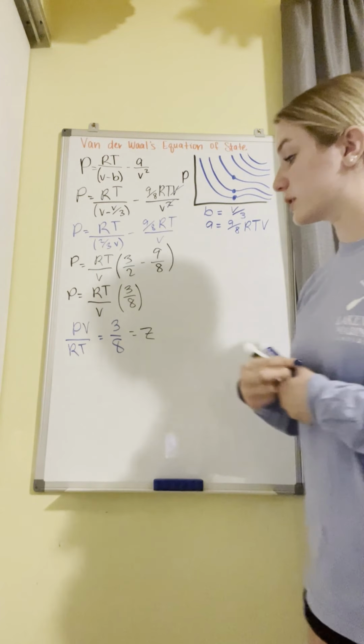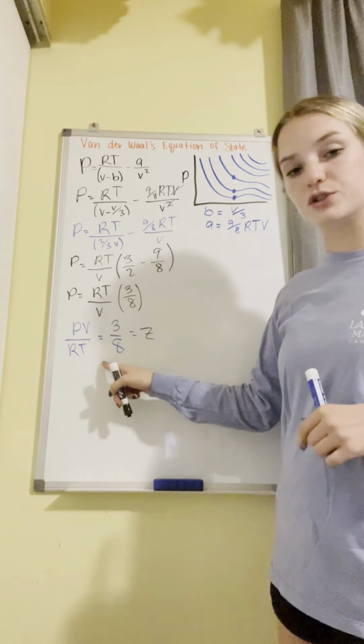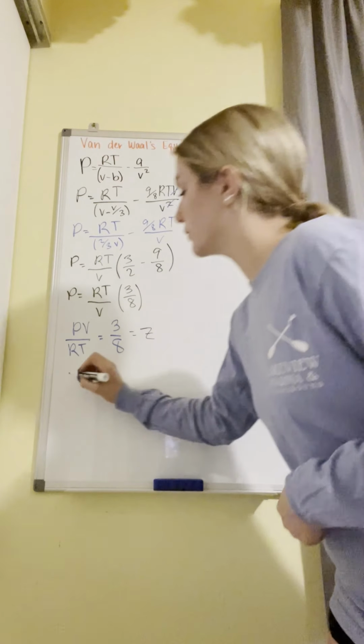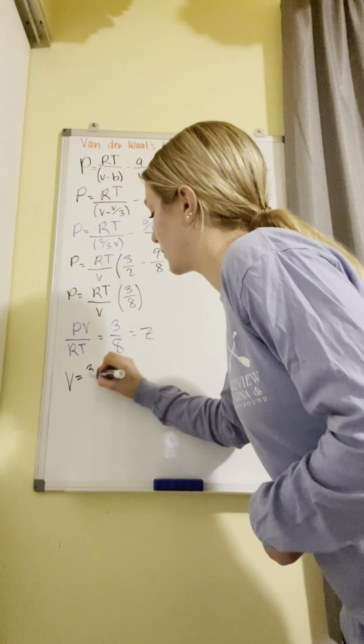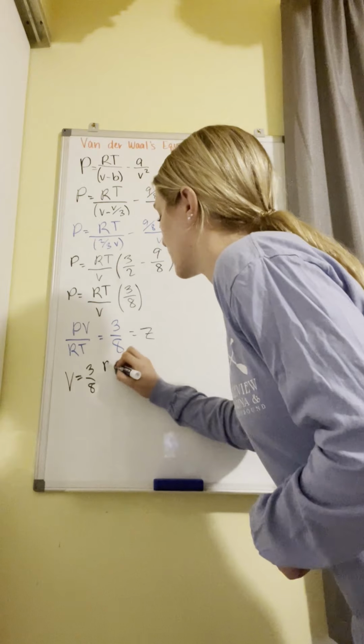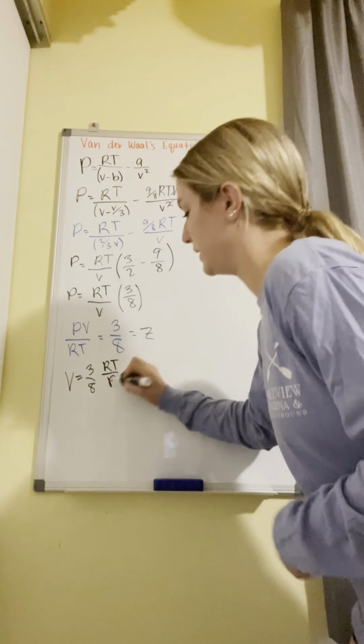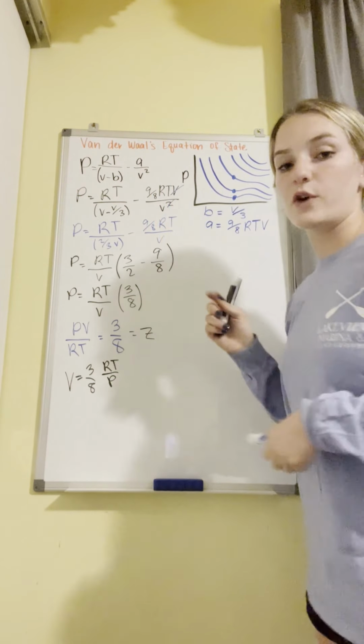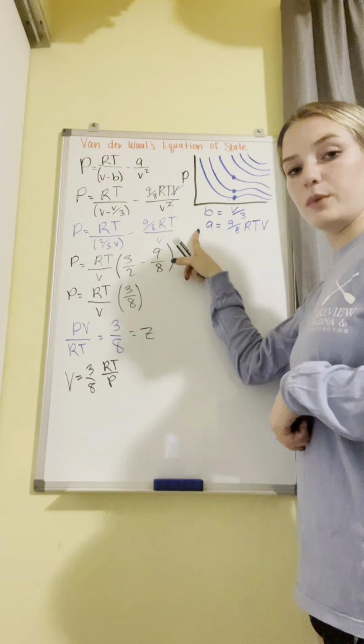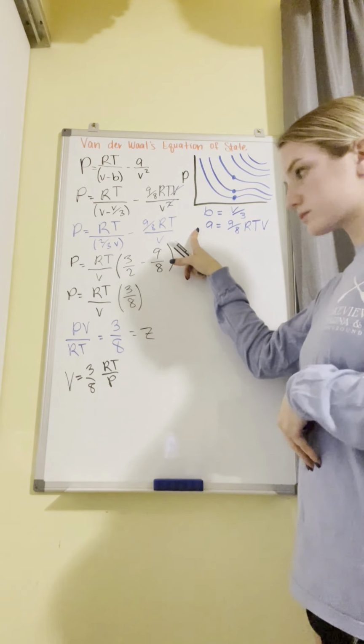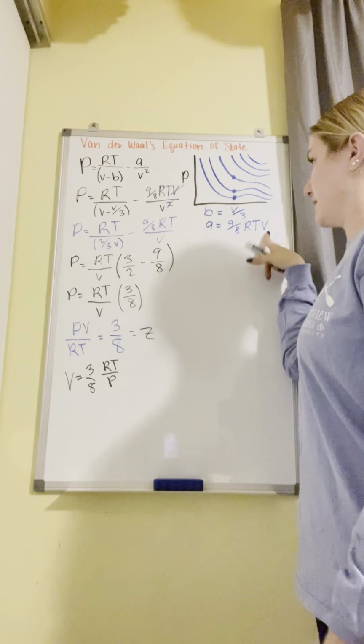Alright, so now we are going to solve this equation for V. So V is going to equal 3/8 times RT over P. Now if we think back to the values that we found for A and B, they both have V's in them.